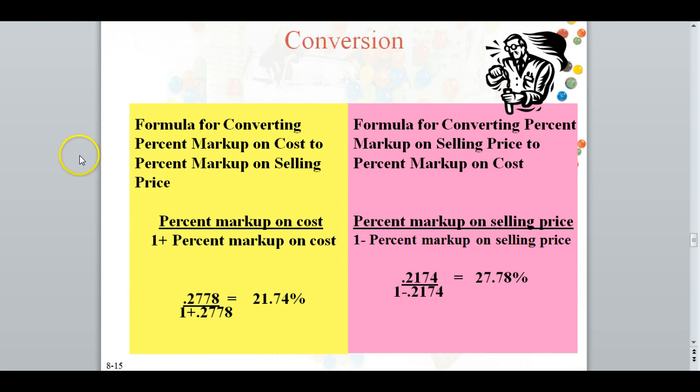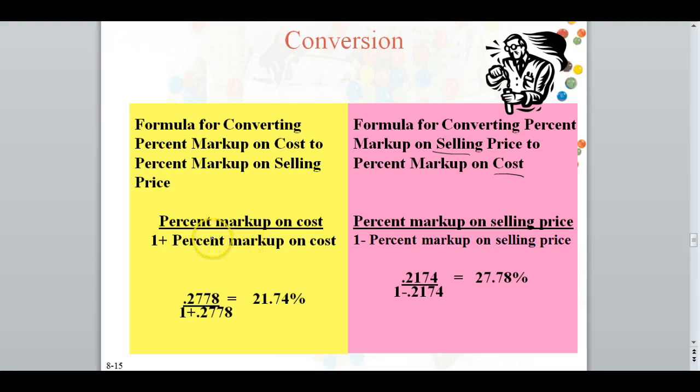So this is a quick formula way to go from markups based on cost to markups based on selling, and then markups based on selling and converting that to markups based on cost. So you can use these formulas to go one way or the other.